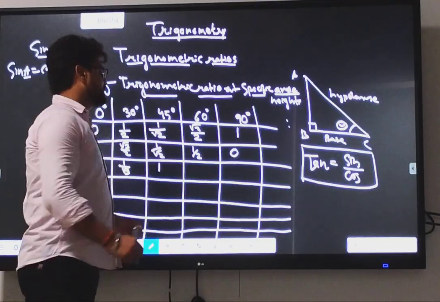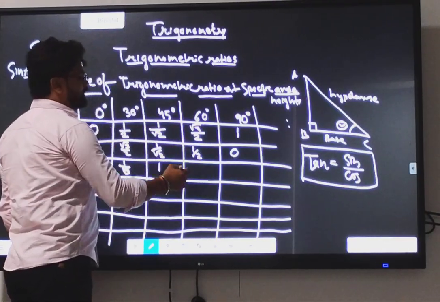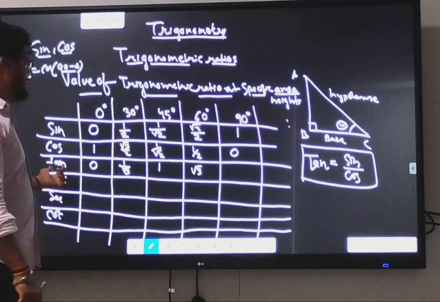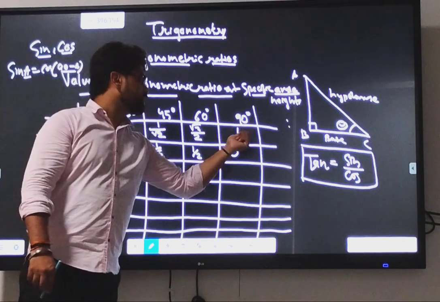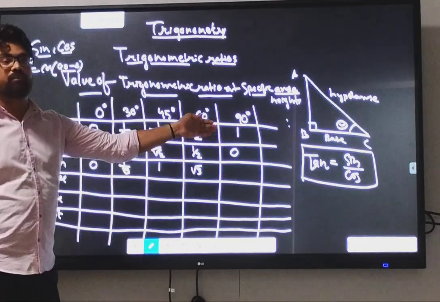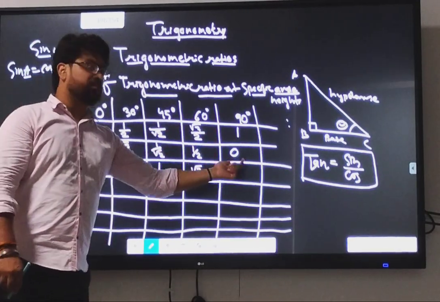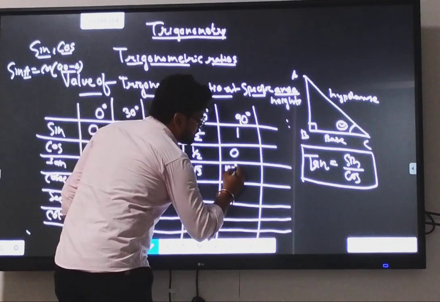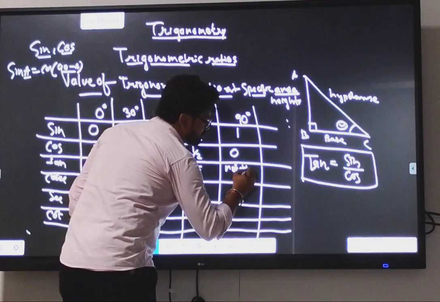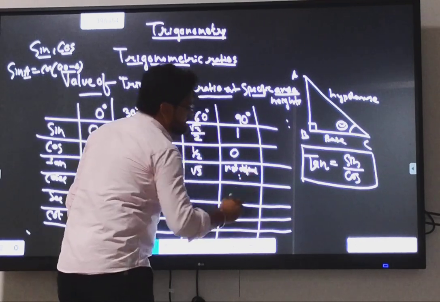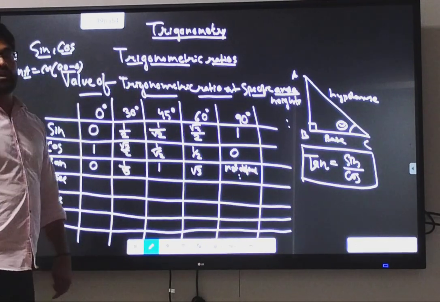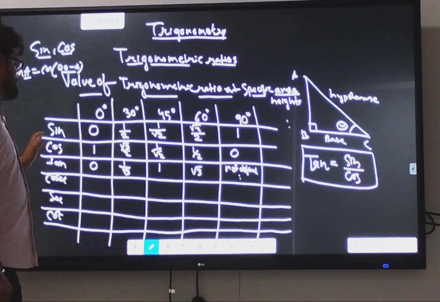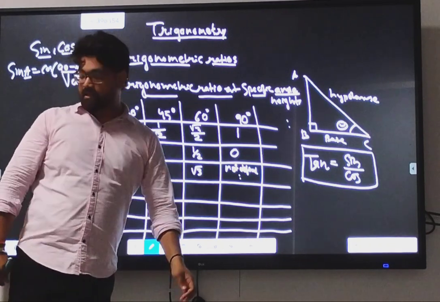Again, tan 60, root 3 upon 2 by 1 upon 2, so that will be root 3. And now tan 90 becomes 1 upon 0, that will be infinite or can be said as not defined. So let us write tan 90 is not defined. So these are the values of sine, cos, tan at some specific angles.